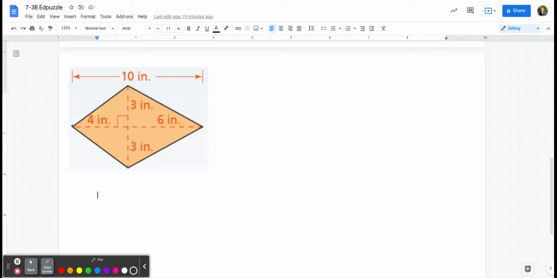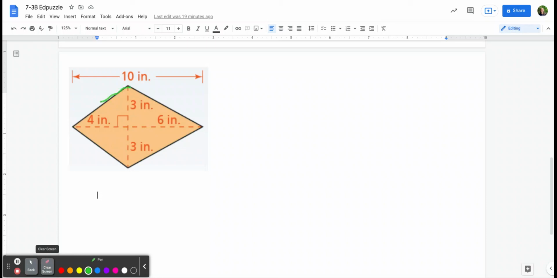So you probably either see a top triangle and a bottom triangle. Those triangles are going to have the same area. So if you see this as a top triangle and a bottom triangle, and you see that they are the same size, you're only going to have to find one area.